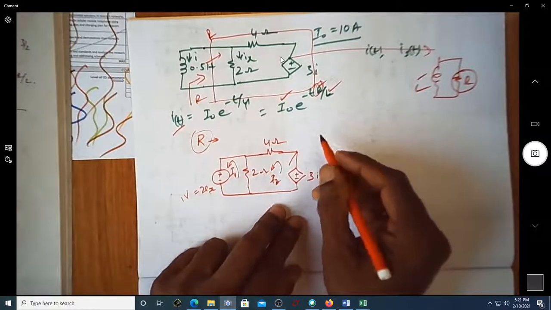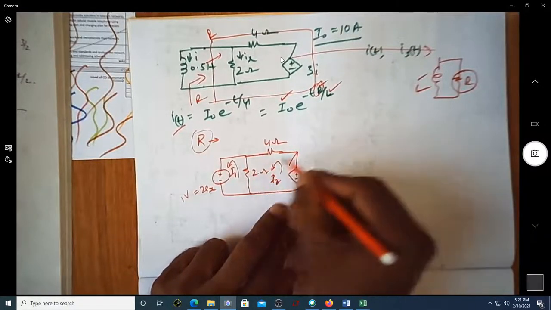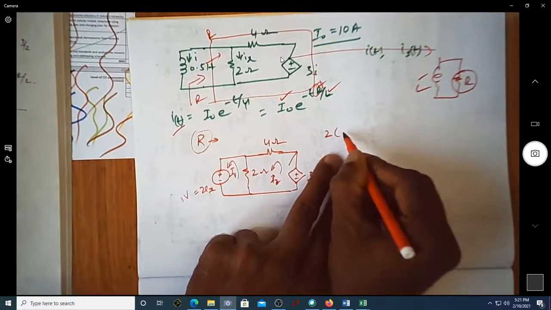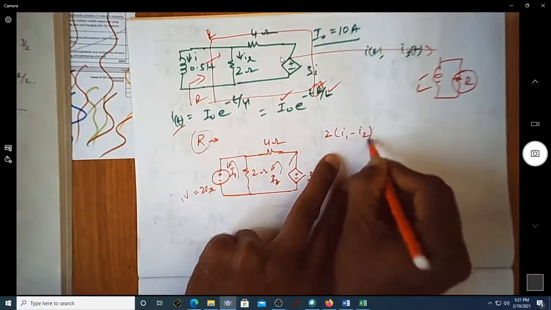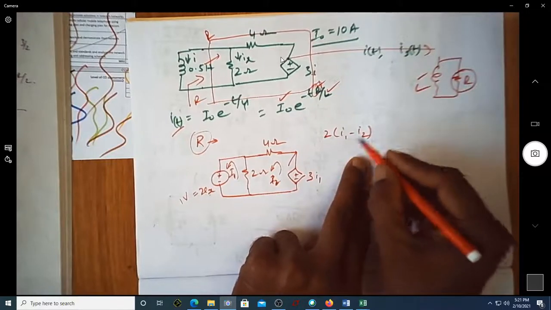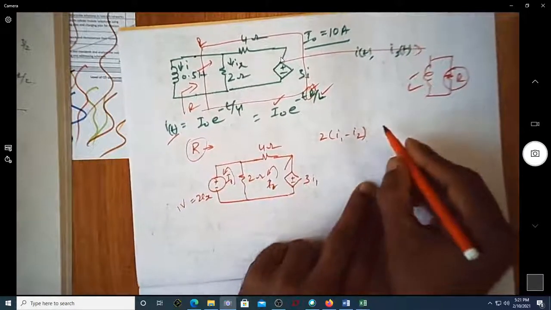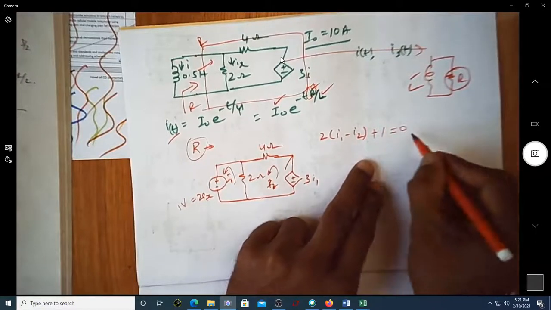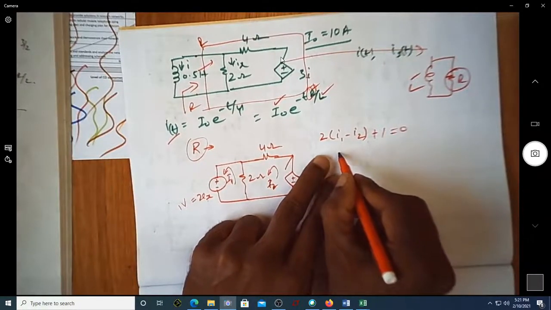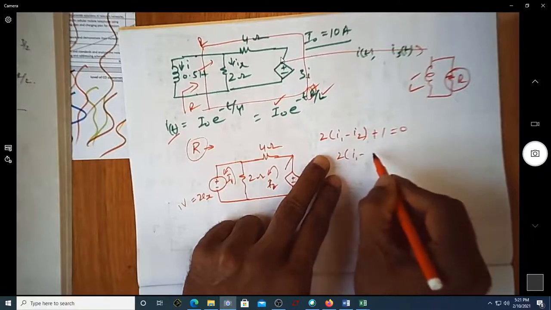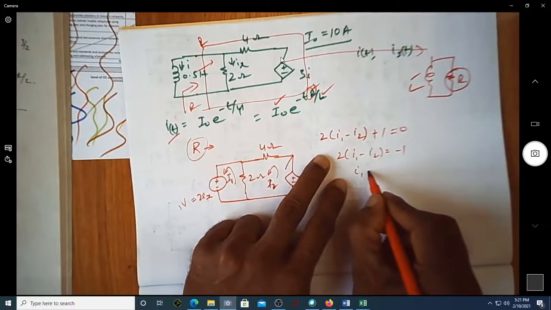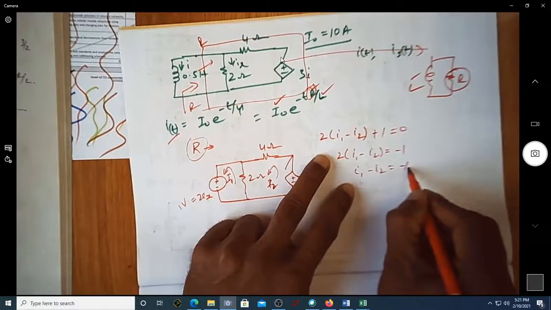Writing the KVL for the first loop, we get 2 into (I1 minus I2), and of course one more voltage drop, plus 1 equal to 0. This becomes 2I1 minus 2I2 equal to minus 1, so I1 minus I2 is equal to minus half.